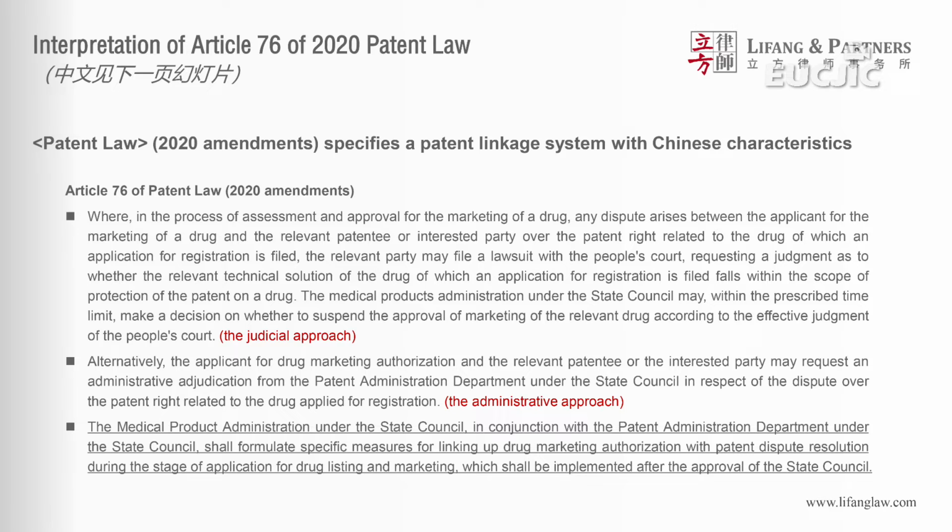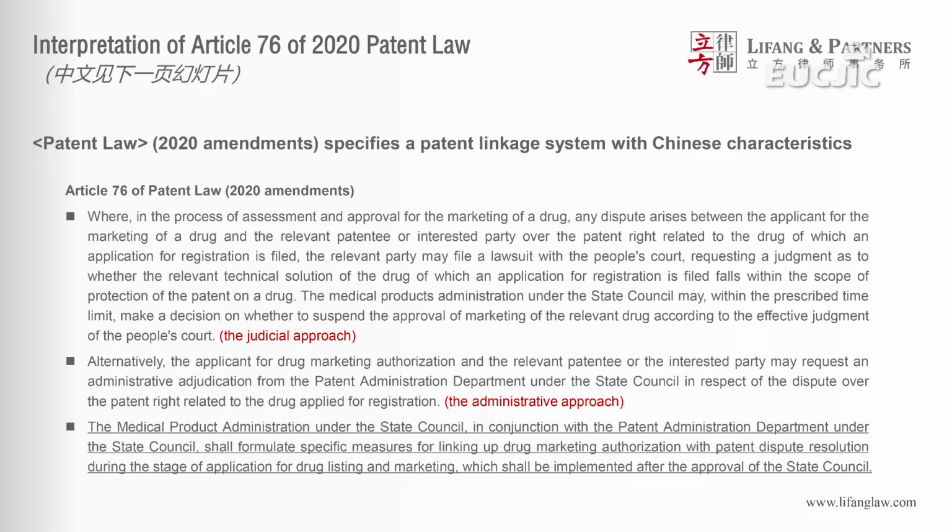The only action the patent holder can take is to ask the court or the Chinese Patent Office to confirm whether the generic drug falls within the protection scope of the patent. If the answer is yes, then according to this legislative structure, the Chinese FDA, the NMPA, would stop the approval process of this generic drug application. By doing so, China creates its own patent linkage system.